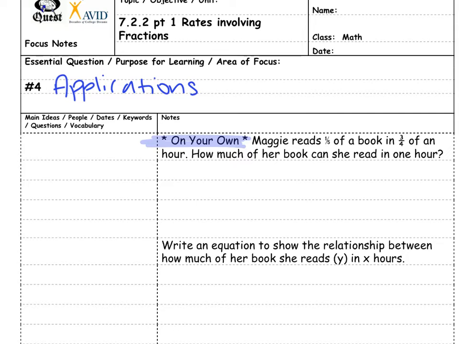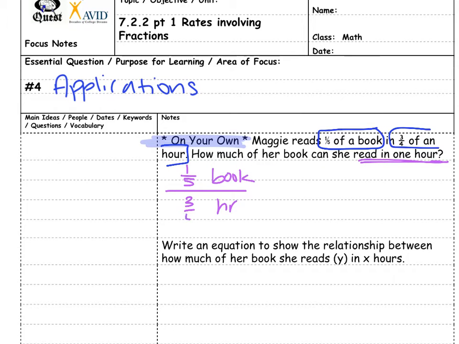On your own says Maggie reads 1/5 of a book in 3/4 of an hour. How much of her book can she read in 1 hour? Because I'm looking for 1 hour, I know hours is going to go on the bottom, book on top. So I have 1/5 and 3/4.